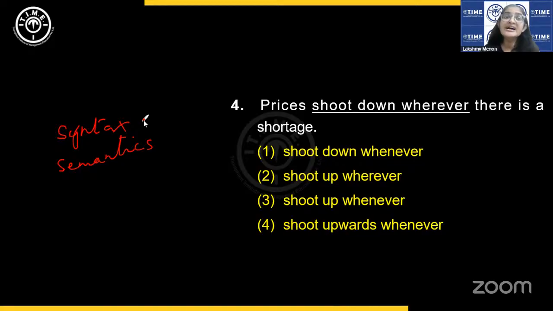Semantics is the logic of the sentence or the meaning of the sentence. Does the sentence convey proper meaning? That is your semantics. Sometimes the syntax may be correct, but semantics may be wrong. Both need to be correct.